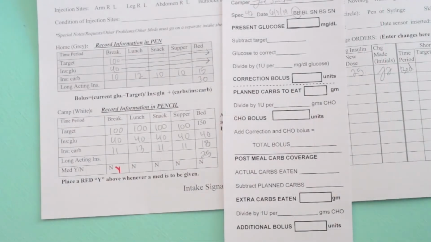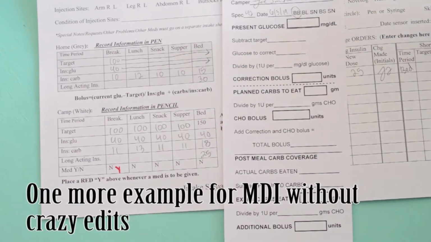So now let's go through the same process we just went through with a kid using multiple daily injections. So let's say, for example, our same kiddo, Joe, Spec 42, before breakfast. Let's say his blood sugar was 176 and he planned to eat 82 grams of carbs.